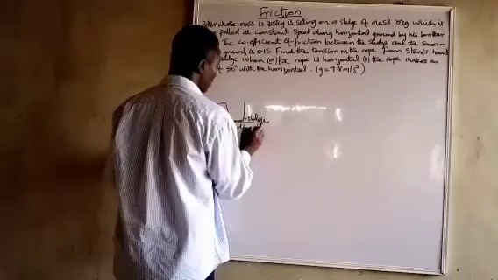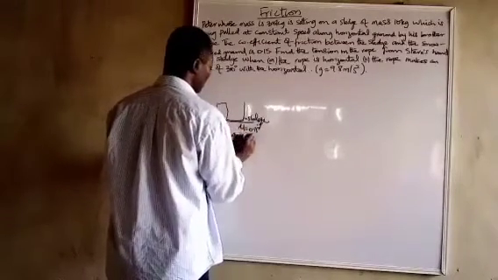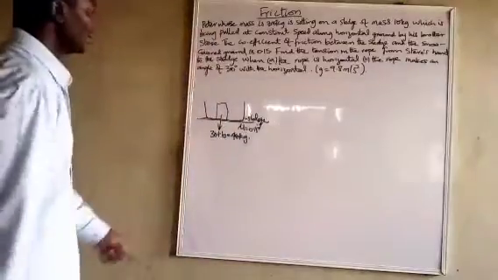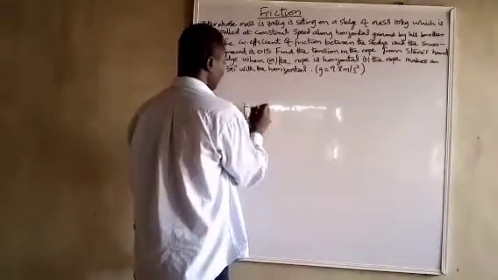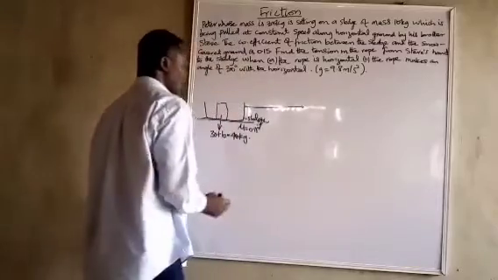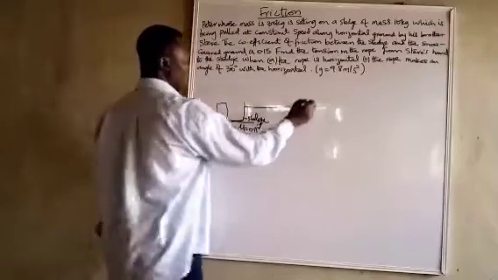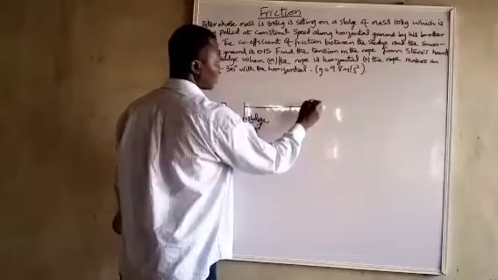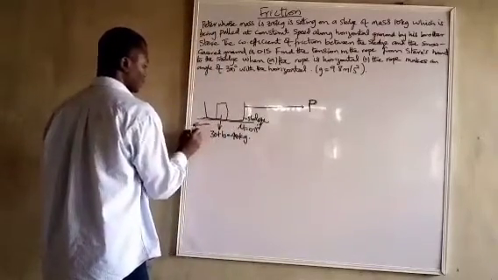The mu here is 0.15. So we have a total of 40 kilograms. And we are told that the brother Steve is drawing it here, and the speed is constant, which means that P is equal to the frictional force.